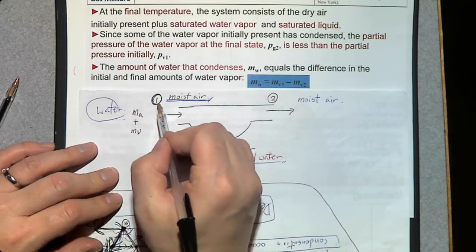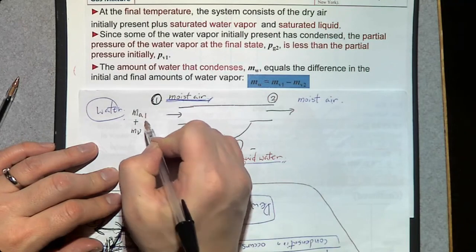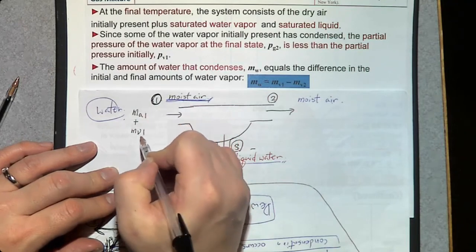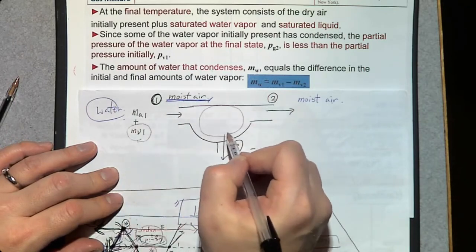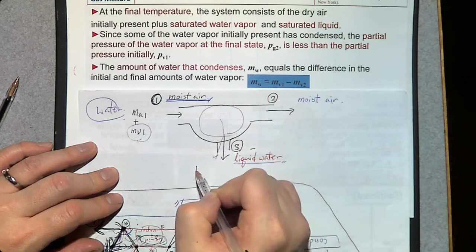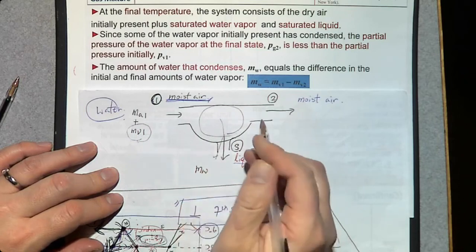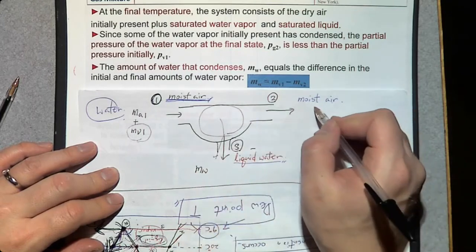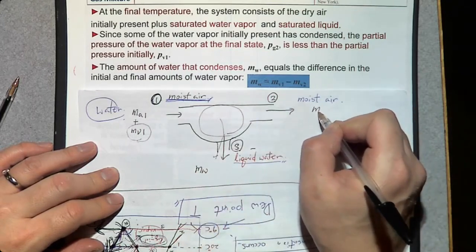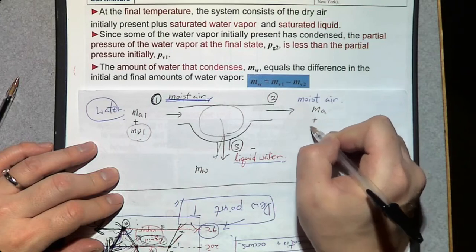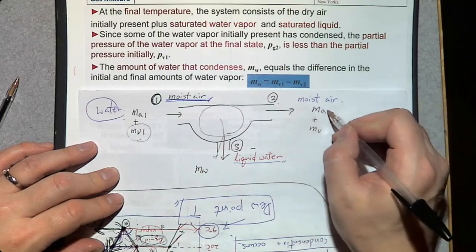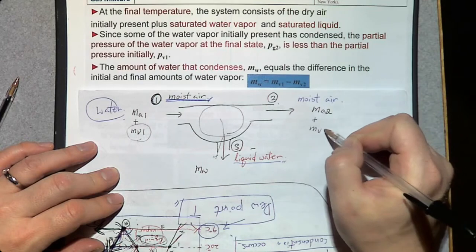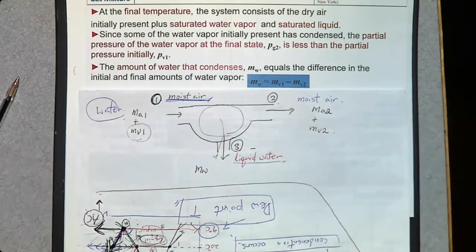Since it is inlet number 1, let's say MA1, MV1, and some of this water vapor is going to condense in this system. So it's going to be removed. The amount of liquid water is going to be MW. Then the remaining moist air, MA plus MV, is going to be removed at exit number 2. So I'm going to say MA2 plus MV2. So let's apply the conservation of mass principle.